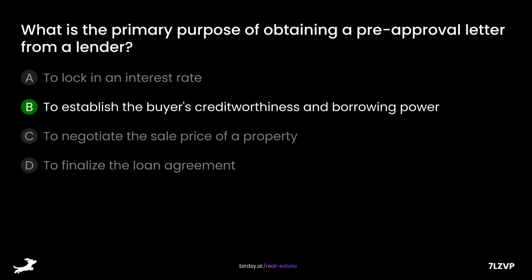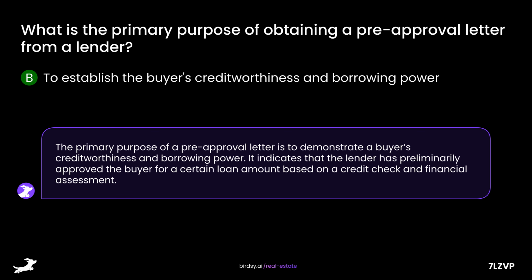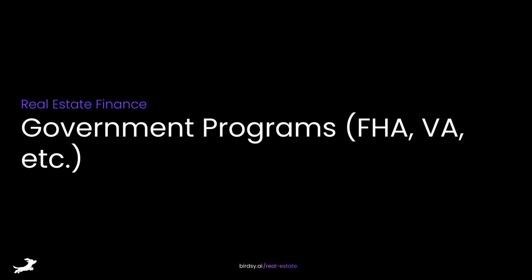The answer is B, to establish the buyer's creditworthiness and borrowing power. The primary purpose of a pre-approval letter is to demonstrate a buyer's creditworthiness and borrowing power. It indicates that the lender has preliminarily approved the buyer for a certain loan amount based on a credit check and financial assessment. Government programs like FHA and VA.